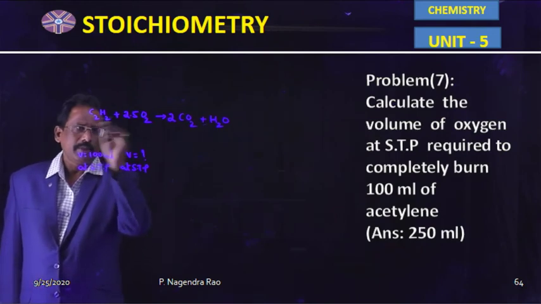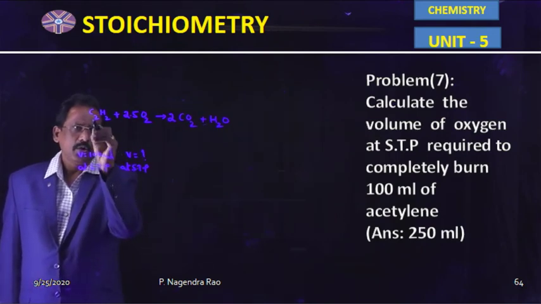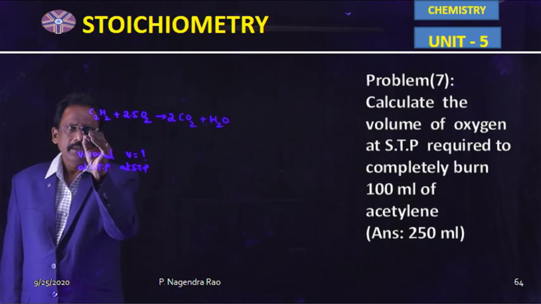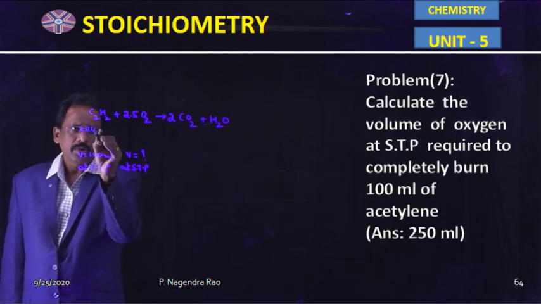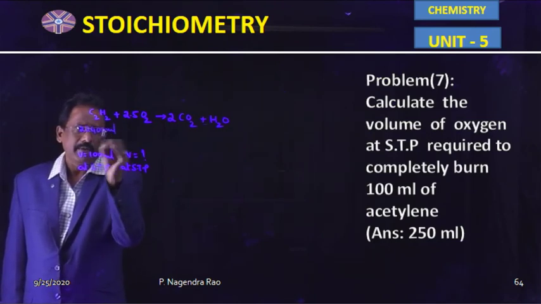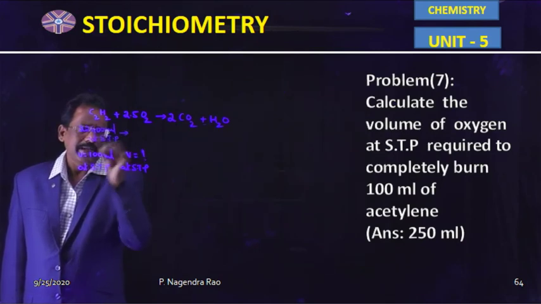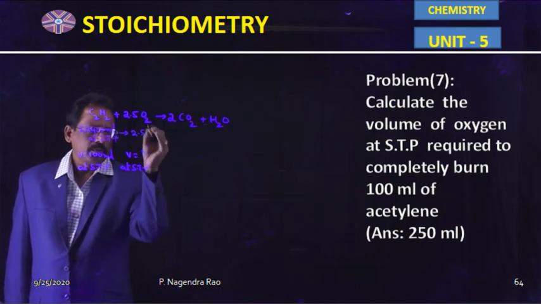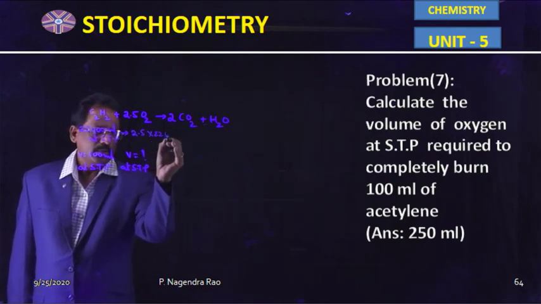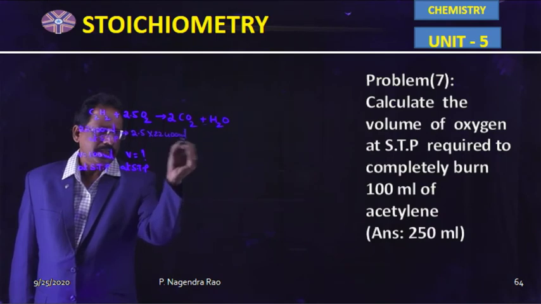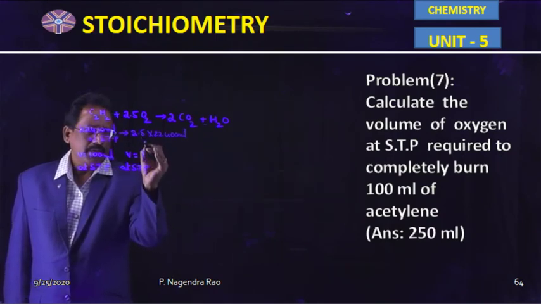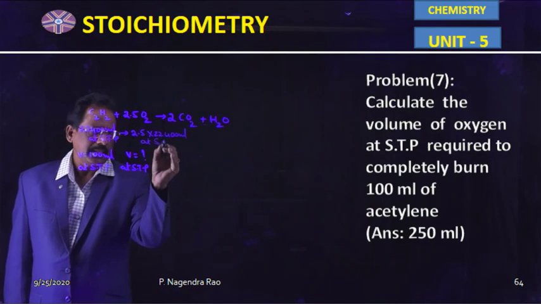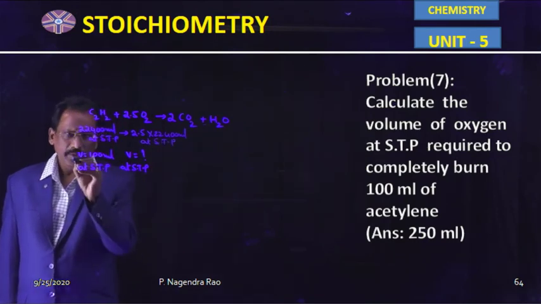Now from this chemical reaction, 1 mole acetylene, that means 22,400 ml of acetylene gas at STP, requires 2.5 into 22,400 ml of oxygen gas at STP conditions.